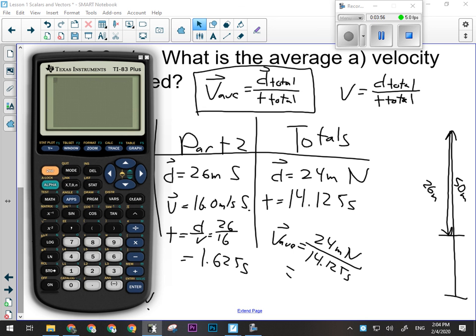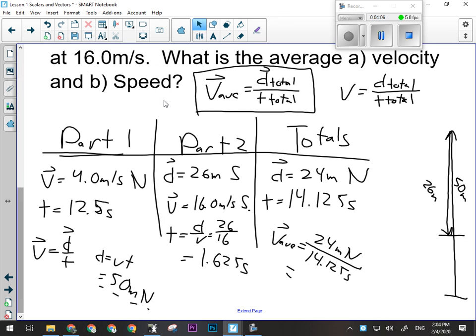Oh, there it was. I erased it. 24 divided by 14.125, so we're looking at 1.7. I think we only have two significant figures here. So 1.7 meters per second. And what do I have to put on the end of that? North, exactly.